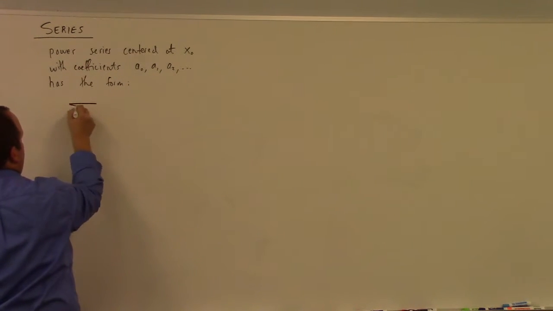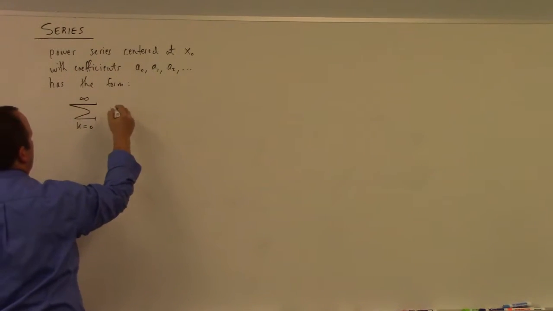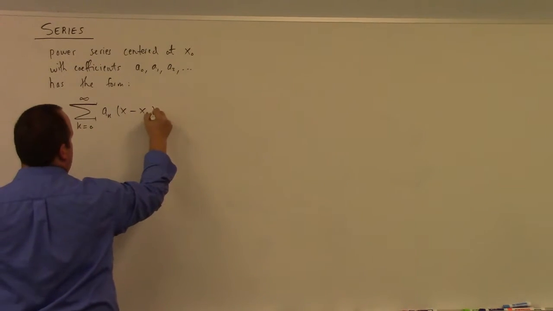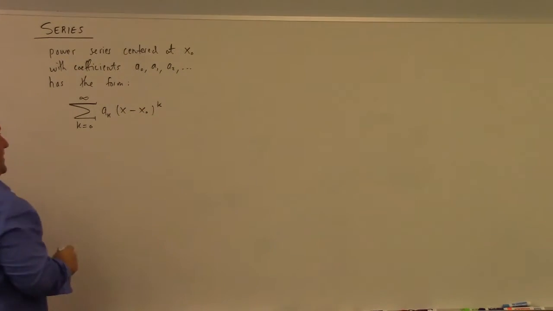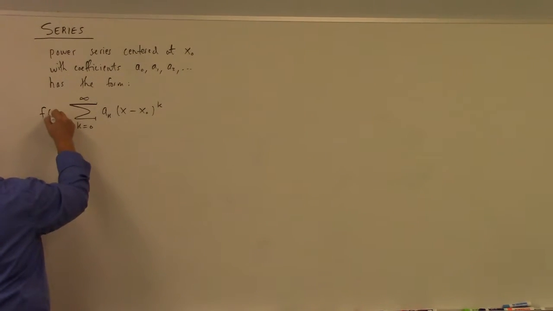Something like this, right? The sum from k equals 0 to infinity of a sub k times (x minus x naught) to the k. We call this thing f of x just to give it a name.